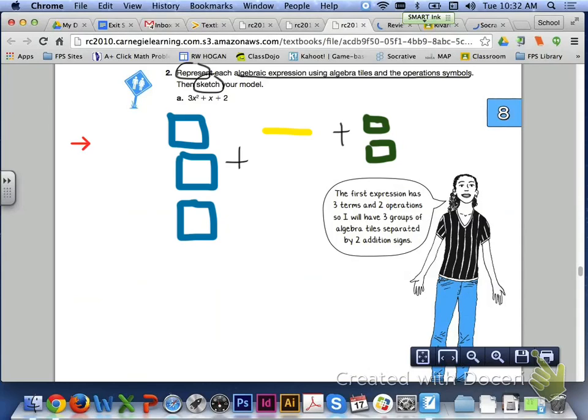So you can see that I have the x squared models, the tiles represented by the blue models, plus the x, which is represented with yellow, plus 2, which is represented by the green squares. So go ahead and do the same thing for the rest of number 2. I want you to answer letter B through letter E onto the top of the next page.